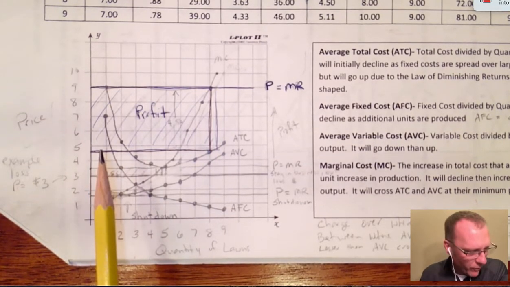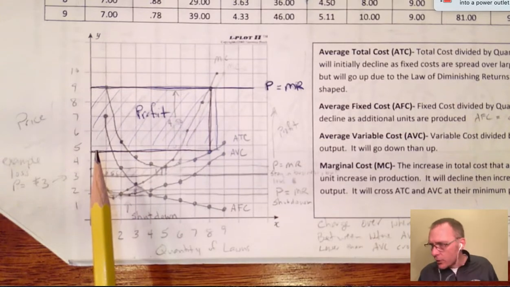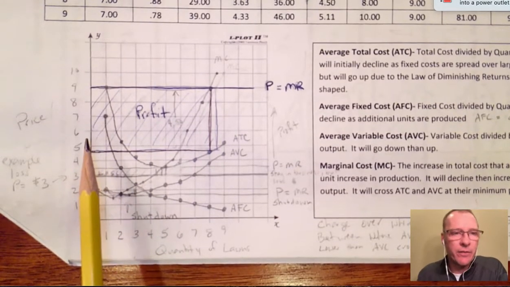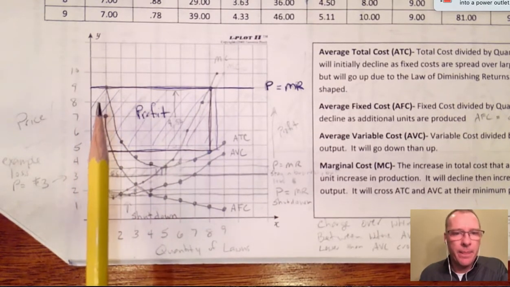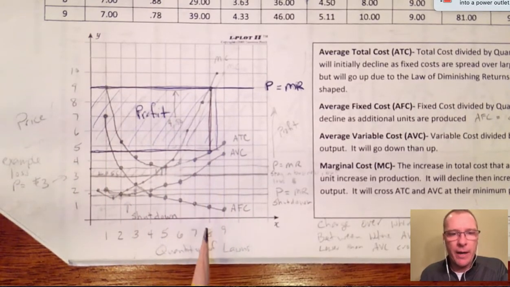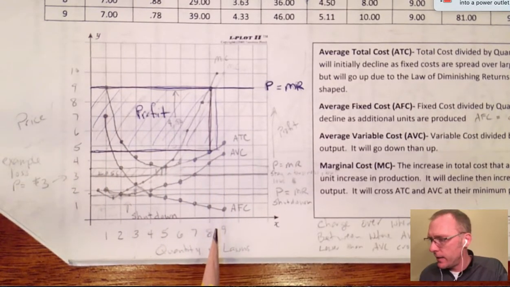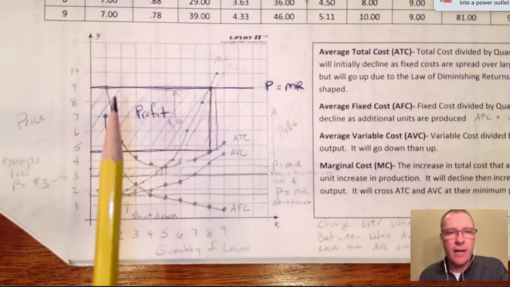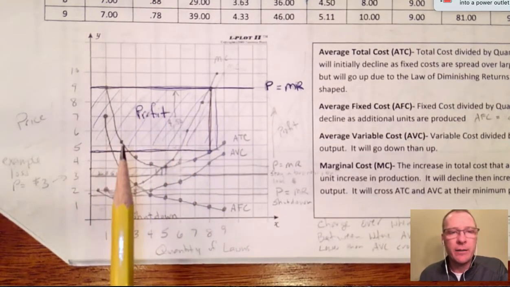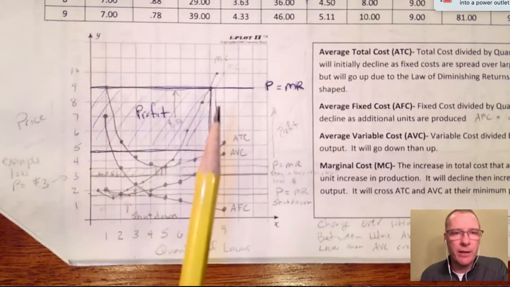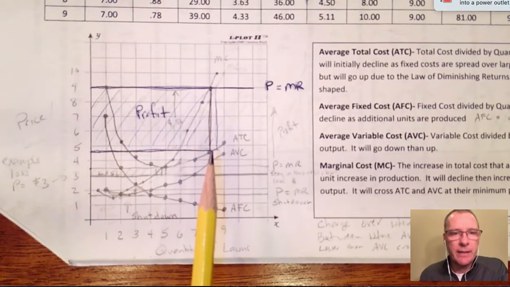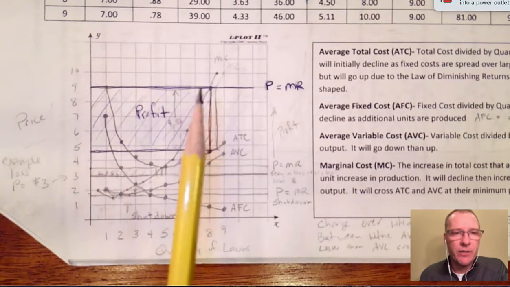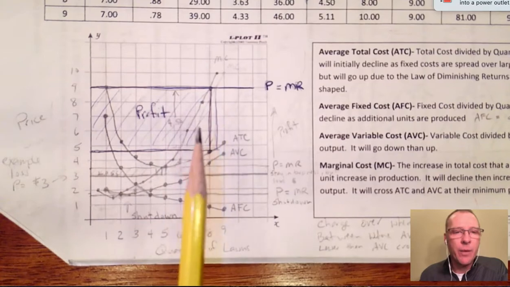Between $4.50 and $9, that distance is $4.50. Multiply that out by your 8 units, and what you're going to find is that equals $36. That's going to be our profit box right here. So the difference between where MC equals MR down to my ATC and over, if I square that in, is my profit box.